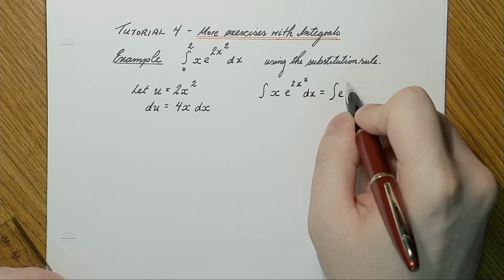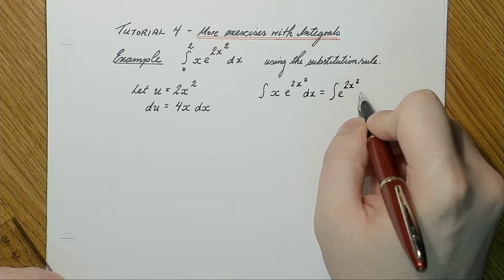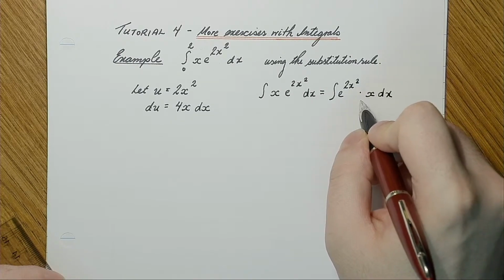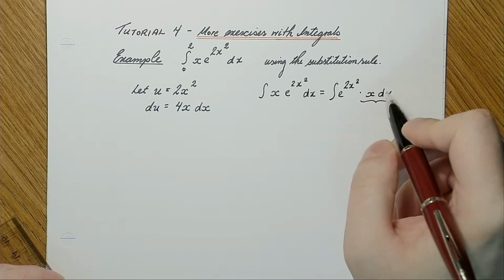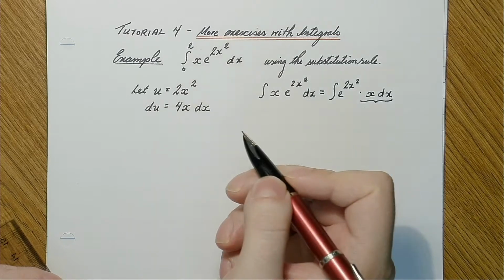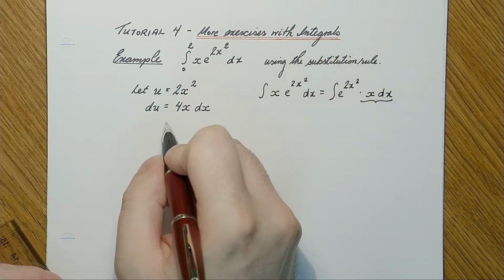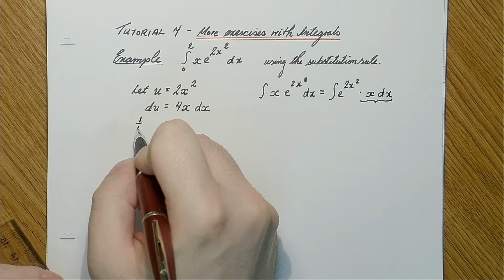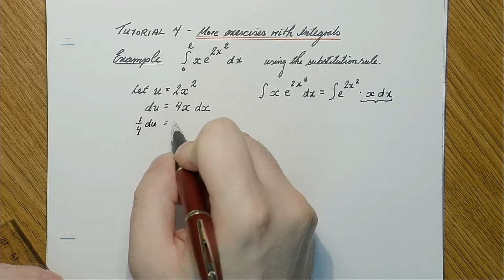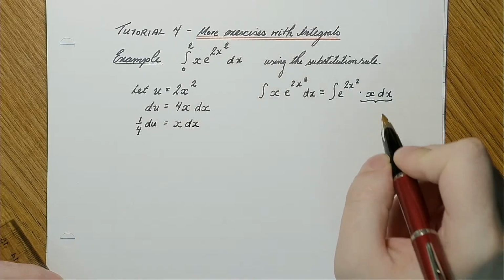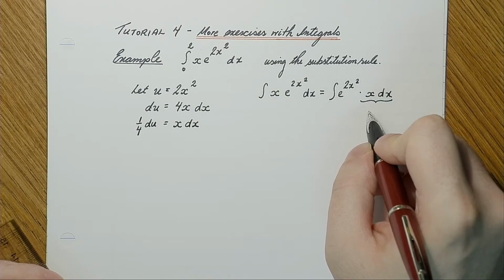I have e to the 2x squared times x dx. Now this isn't quite matching what I have over here. So again, I can bring that forward to the other side so that I have a quarter du, and I have x dx.